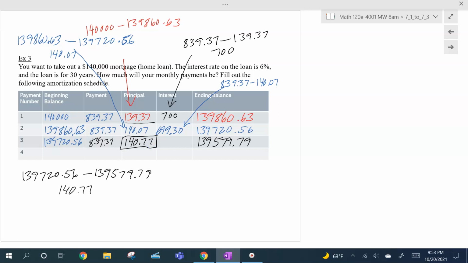So how much is interest? Well, the bank keeps everything else, right? I made an $839.37 payment. The loan only went down $140.77, so the bank keeps $698.60.